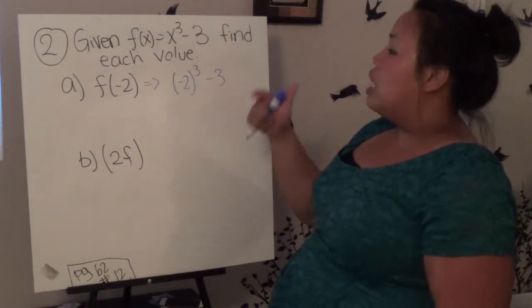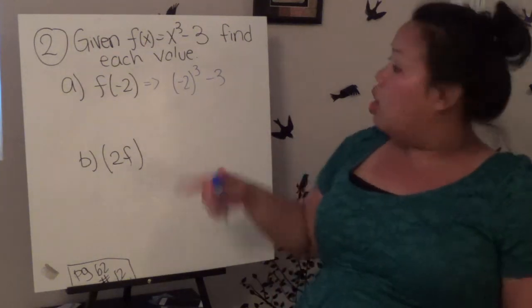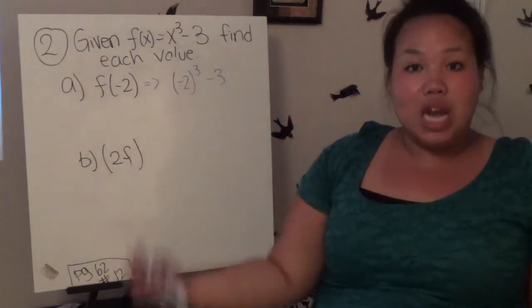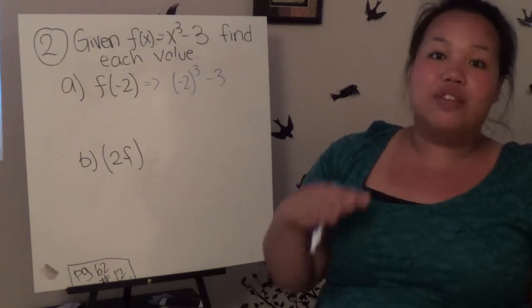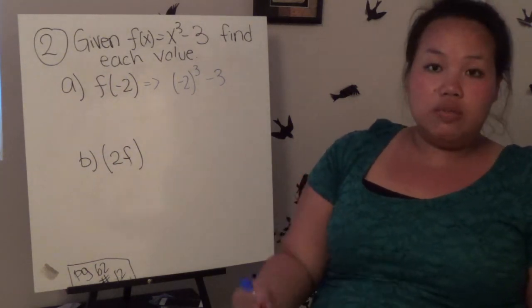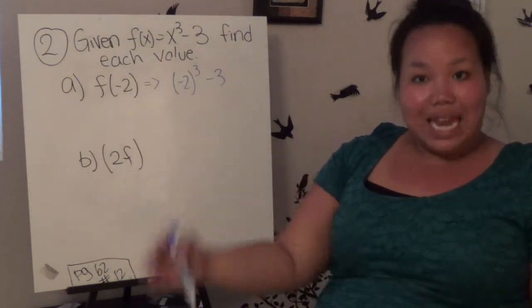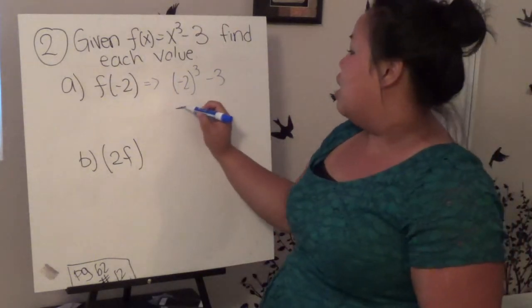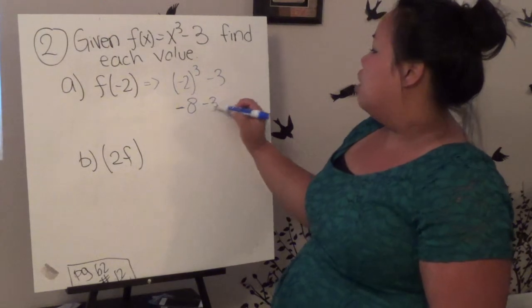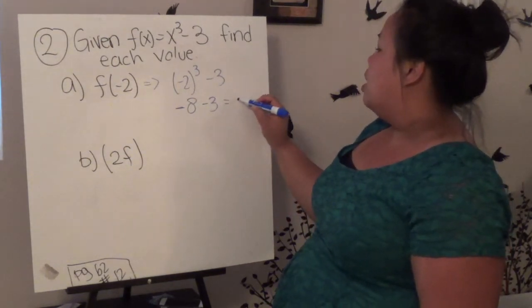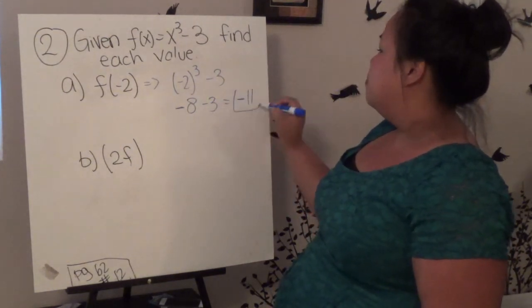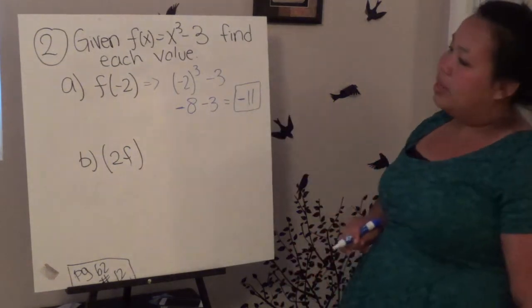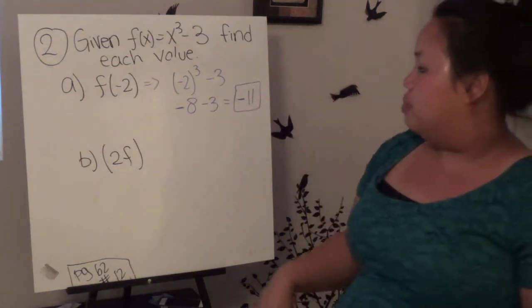So negative 2 times negative 2 is positive 4, but since it's cubed, we have to multiply by another negative 2, so it gives us negative 8. Negative 8 minus 3 gives us negative 11. Okay, so basically it's just plugging in.